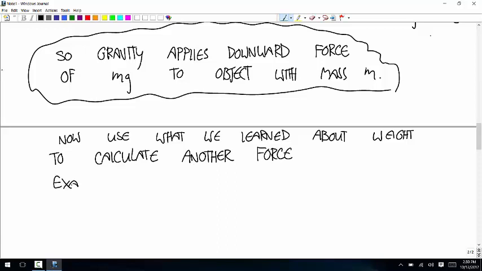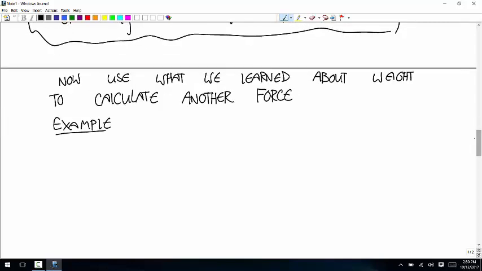So here's the example. Okay, so let's say there's a scale sitting on the floor and a person on the scale. And we'll use a coordinate system with the y-axis up, the x-axis over.